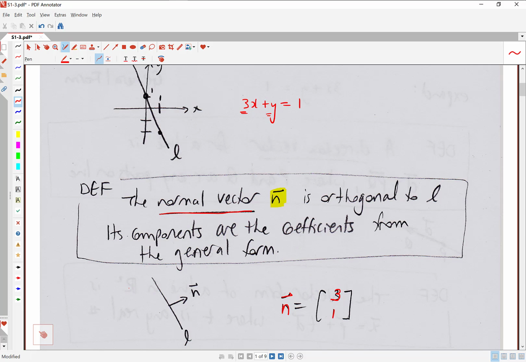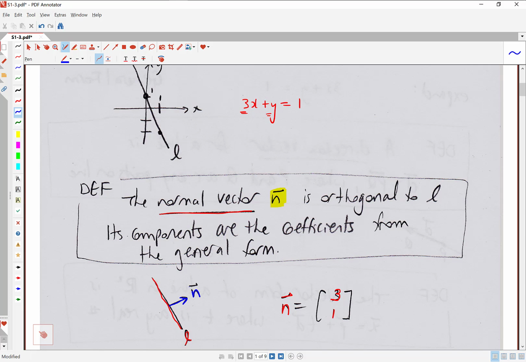Okay, and then what does that do geometrically? Well, it's orthogonal to our line, or you could say perpendicular to our line. So we graphed the line a little bit earlier. It had that sort of a shape. And the normal vector, if you think of a vector that's going 3 units horizontally, 1 unit vertically, would have about that direction there.